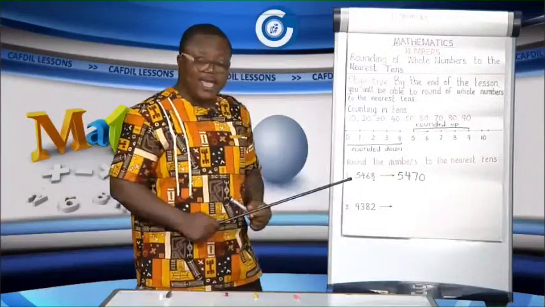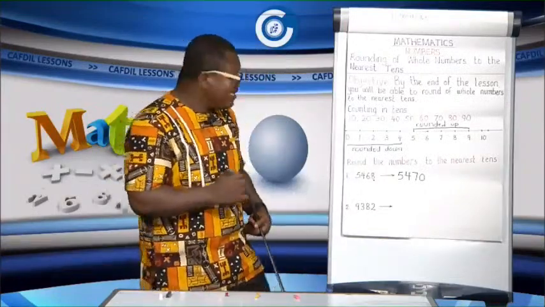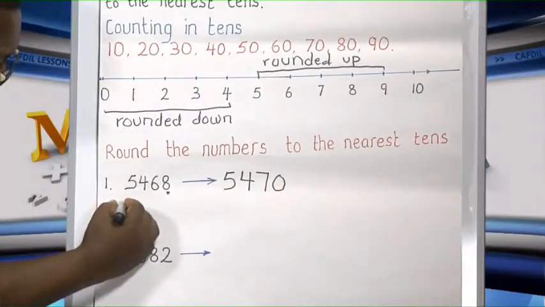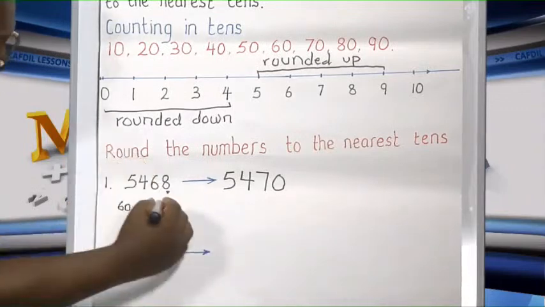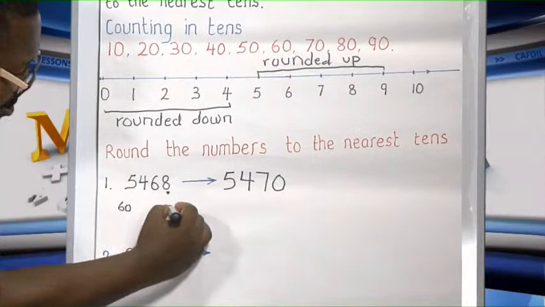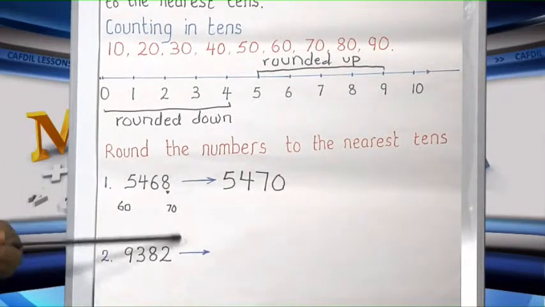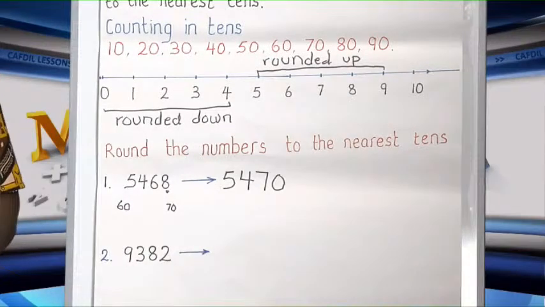In the same way, now if I place 60 and then 70, please let us look at it. 60 and then 70. Which one will 68 be closer to? You see that 68 will be closer to 70 than 60. That is it.